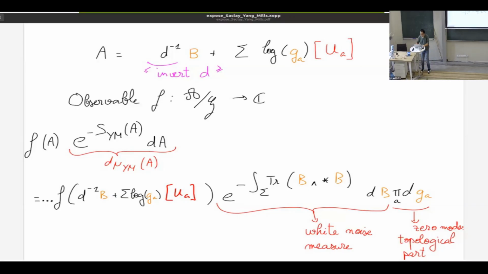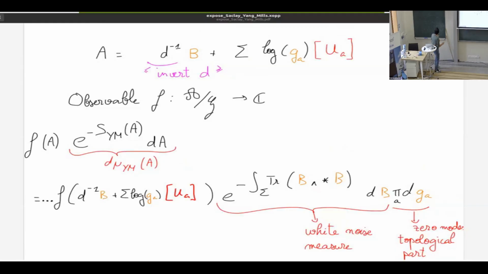So this decomposition is reminiscent of the Hodge decomposition, and here are the 0 modes of your theory, in some sense. And the functional integral is Gaussian over B.